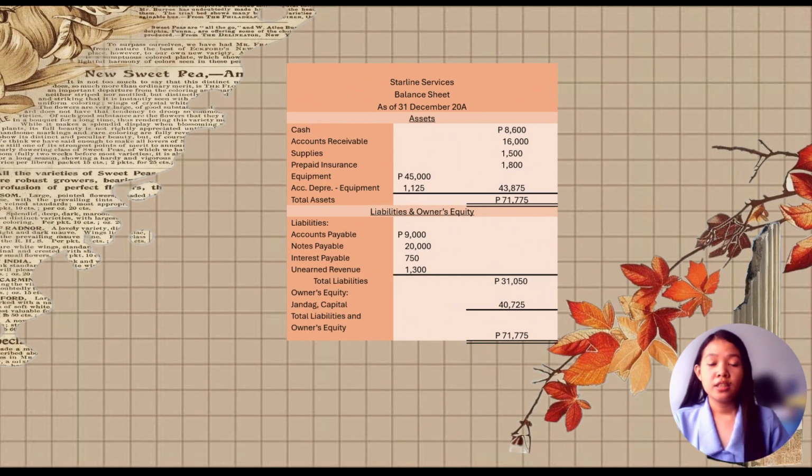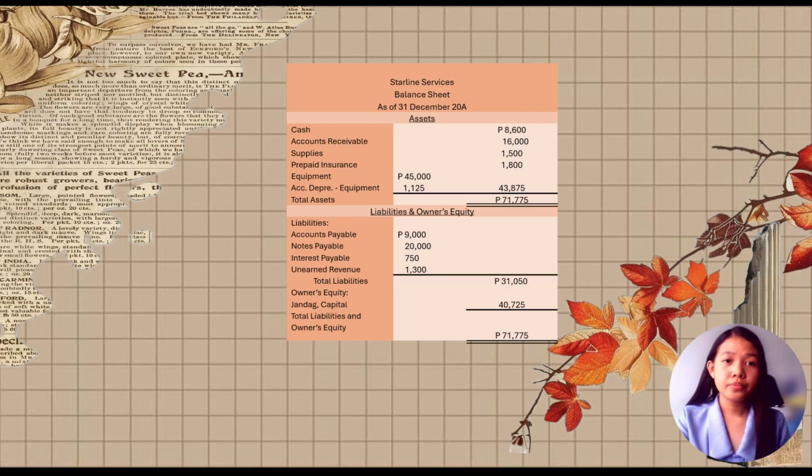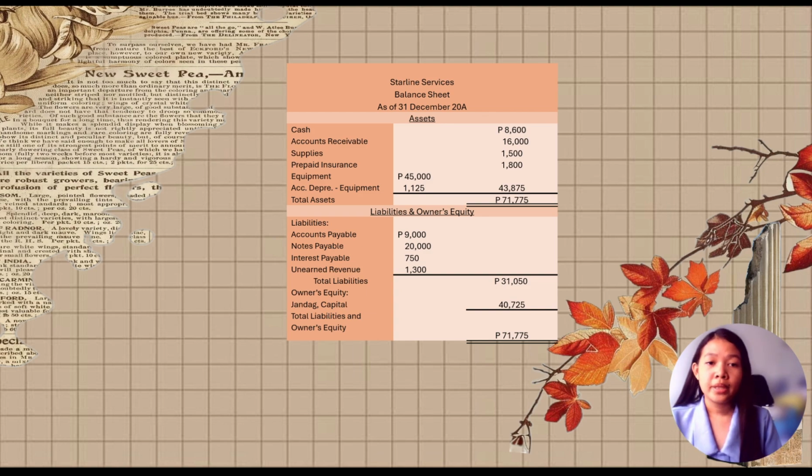After the changes in owner's equity, the next is the balance sheet. So the list of assets we have: cash, accounts receivable, supplies, prepaid insurance, equipment. Equipment is 45,000.